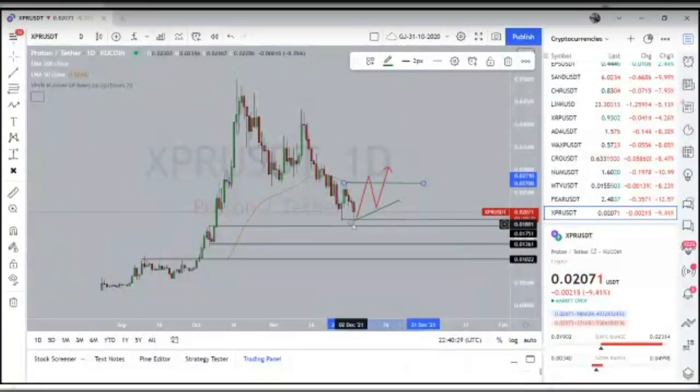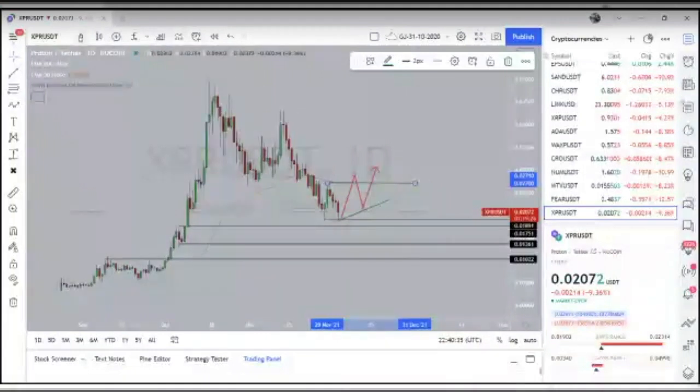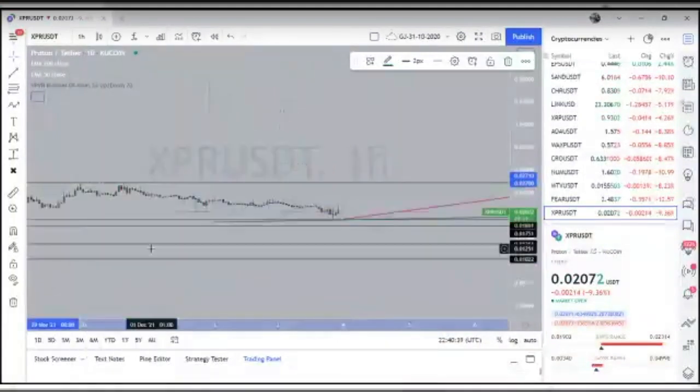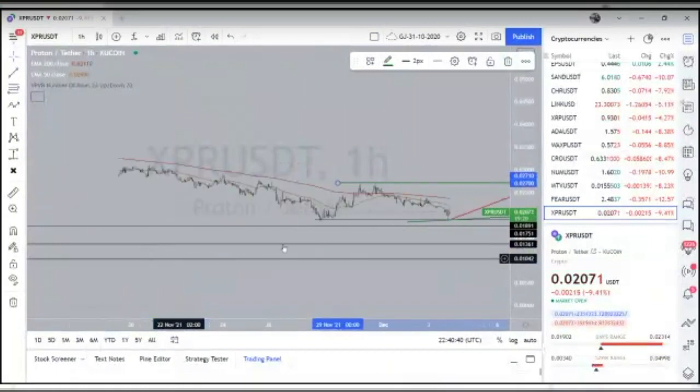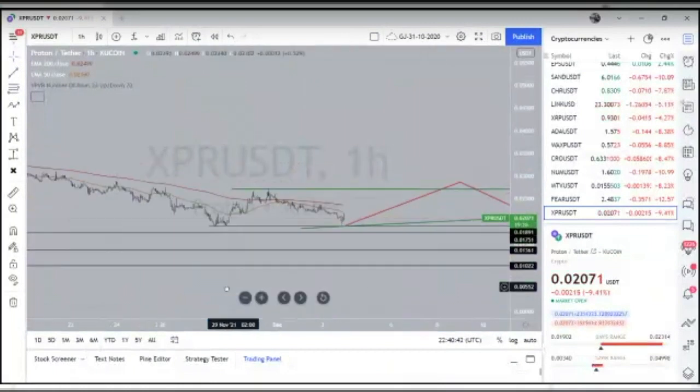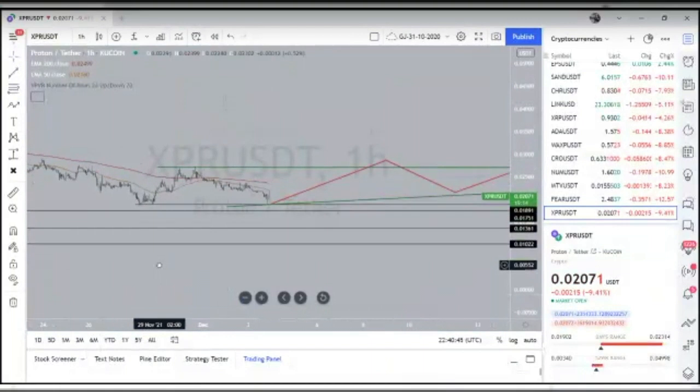You may decide that you want to get in maybe on a lower time frame. You might see a level like this one here.